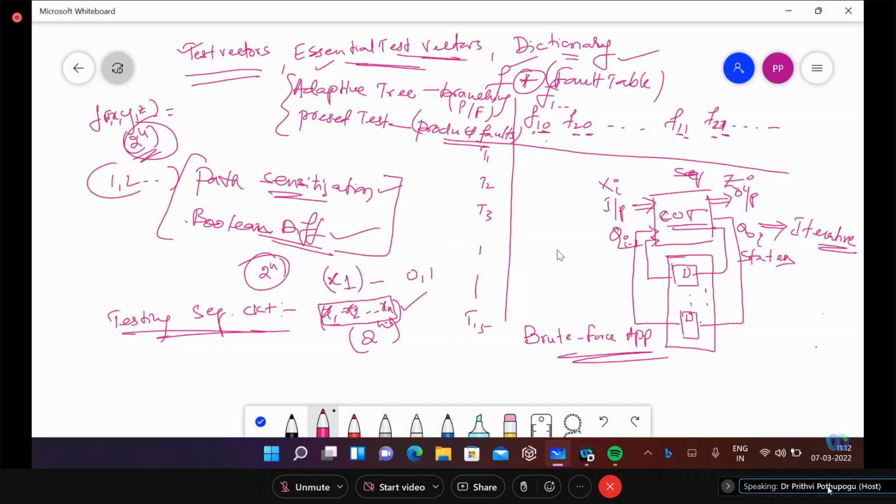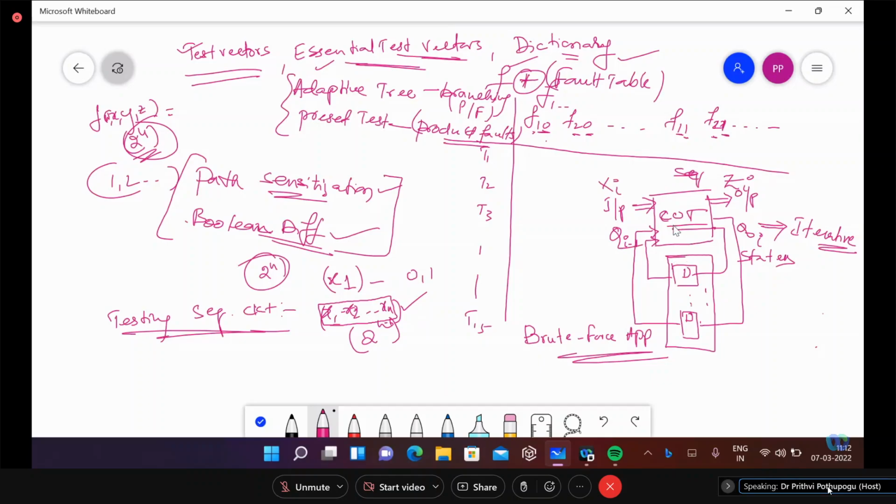Yes, so this is the status monitoring segment. This part is what we need to monitor in order to find the new values of the output Z with respect to X of I and Q of I minus 1.